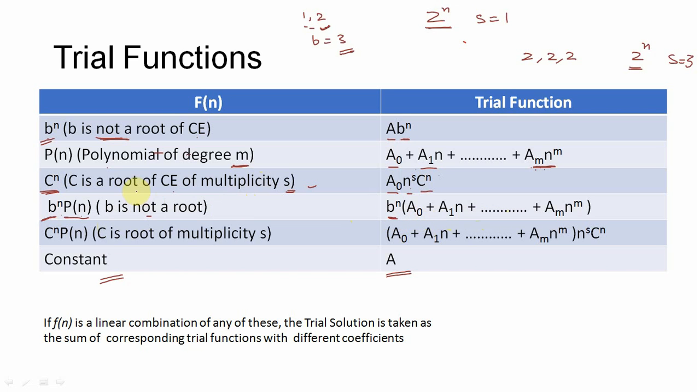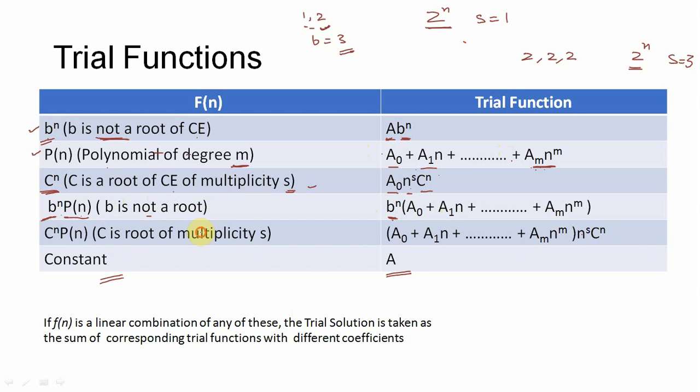You remember, here I am multiplying two options, b to the power n and pn. So the trial function is also similar. We have b to the power n, and instead of a simple a, I am having this entire polynomial. So similarly over here I have b to the power n, a0 plus a1n up to this over here.